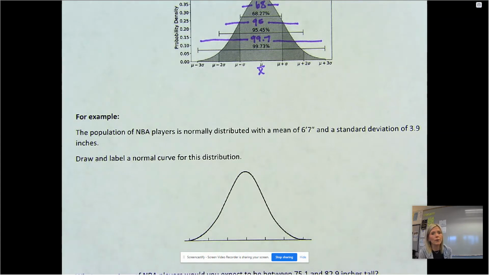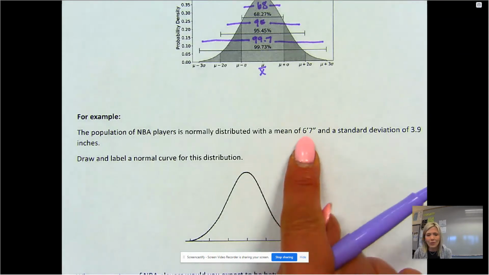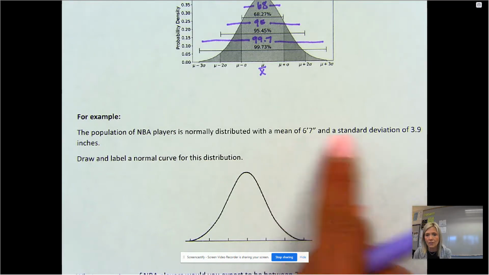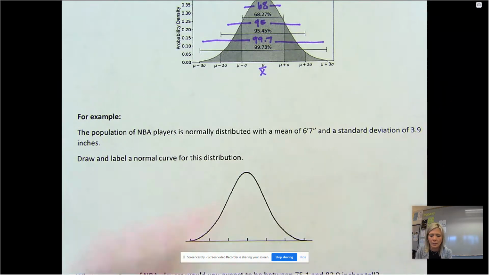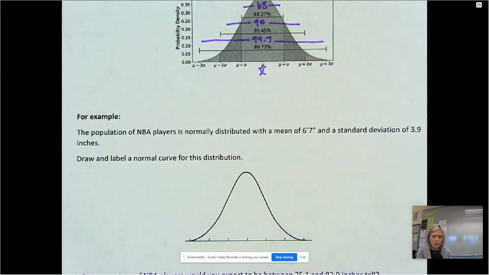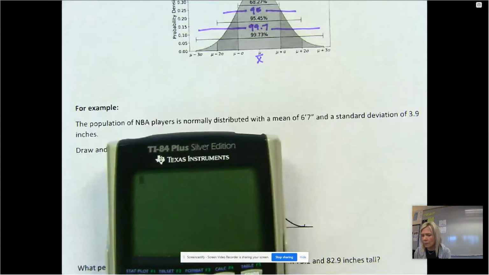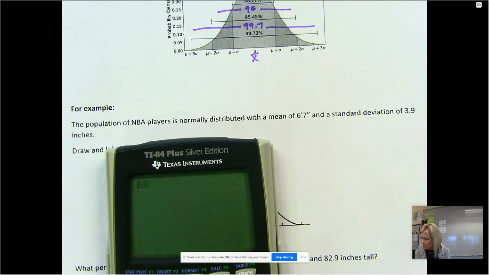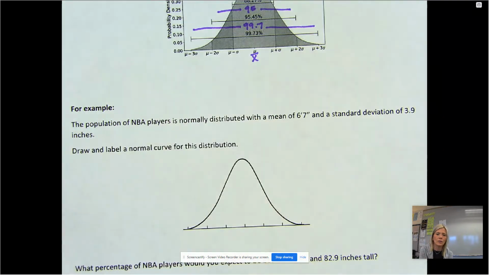Well, the first thing I would recommend doing is converting the 6'7" into just inches, since standard deviation is in inches. And so to do that, we're going to multiply the 6 by 12, that's 72, and then add on the 7 inches, so we get 79 inches altogether.